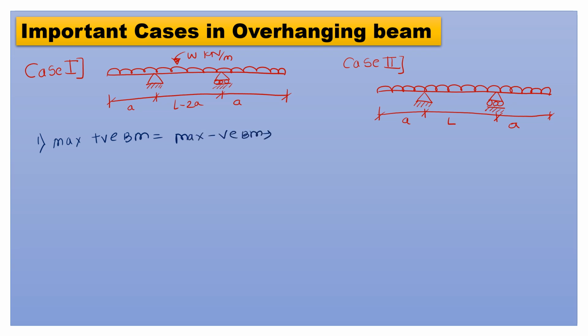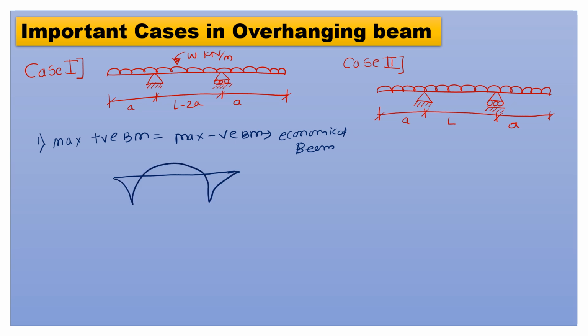This is the condition, and this condition is nothing but an economical beam. This is the first condition, case 1. If that condition happens, the bending moment is like this.